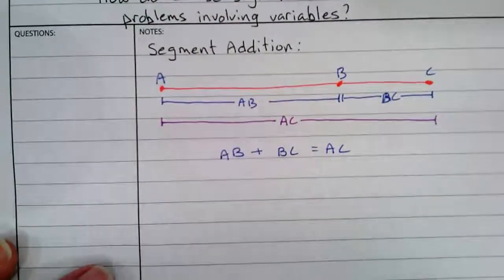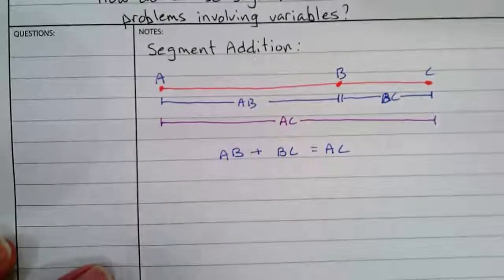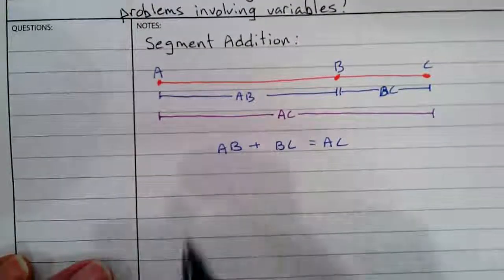So let's take a look at an example of using this property to solve for x when we are using variables to represent the different lengths.